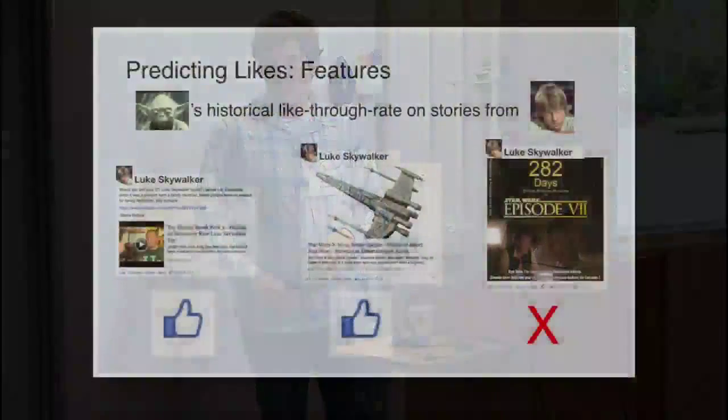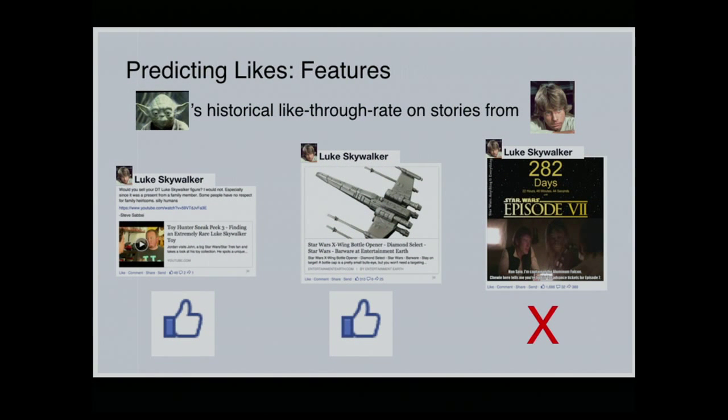Basically there are a few different types of features at a high level that are mainly looking at historical data, right? The first thing is the relationship between Yoda and Luke. There have been previous stories that Yoda has seen from Luke, say these 3 stories here, and maybe Yoda has liked 2 of those 3 stories. So that's our first signal.